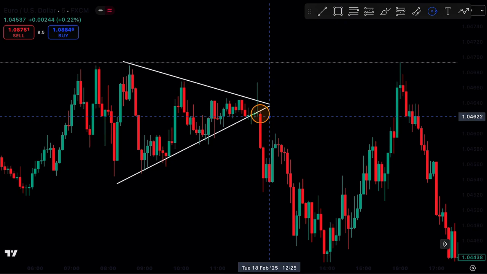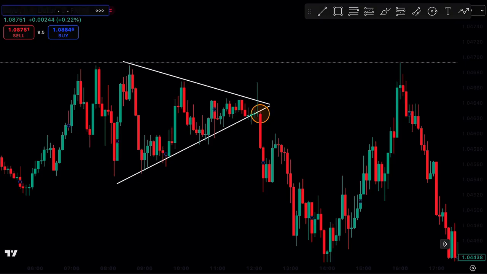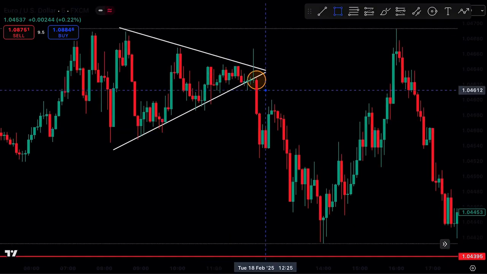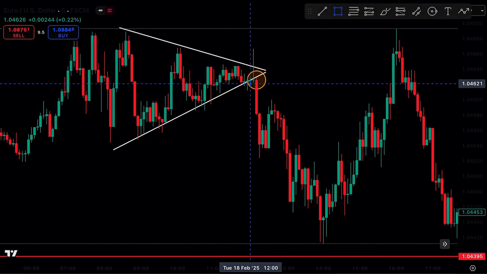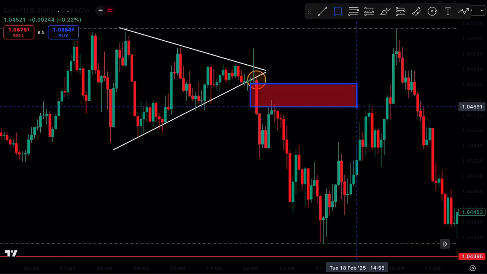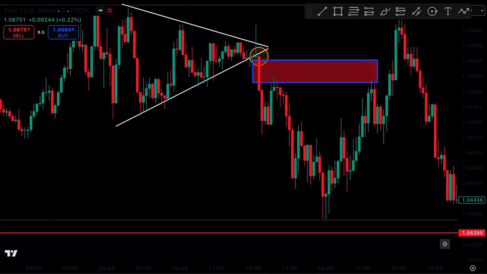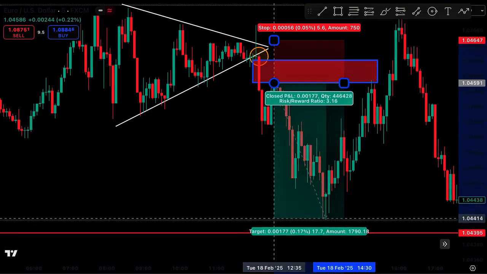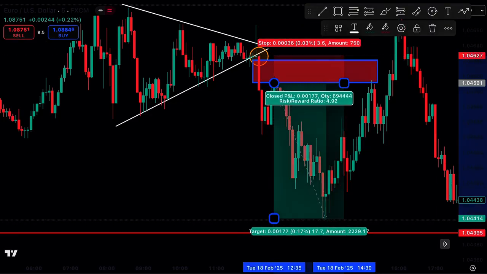This point is the breakout, where most of the traders will enter. And here we have FVG. This is the entry point. Here is the stop loss. And this is our target profit.